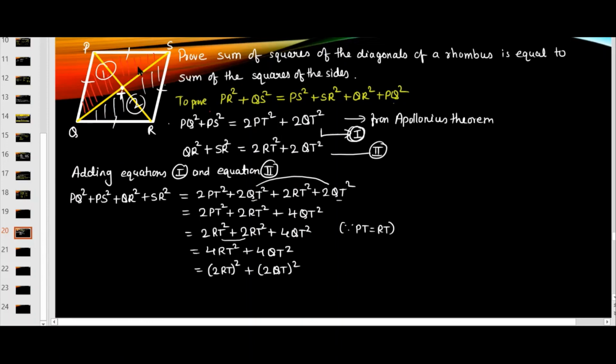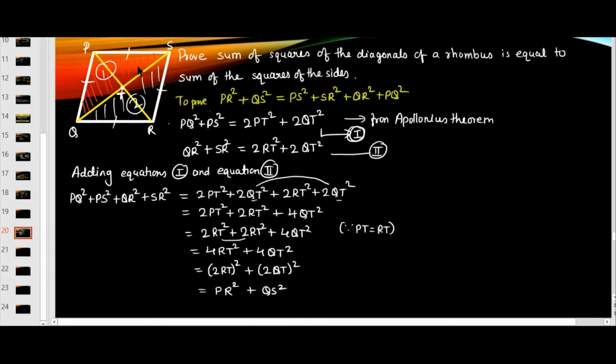RT and PT, if you add them, that is PT plus TR, you will get PR. So 2 times RT is actually PR, the whole length. Similarly, QT and TS are the same, so twice QT is the whole length QS. So we can write QS square here.